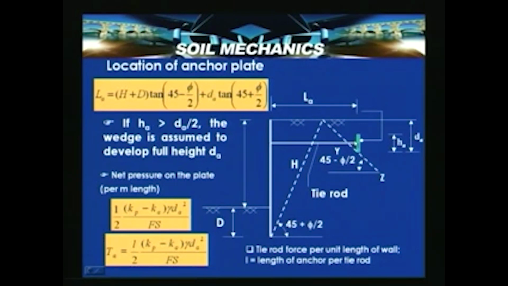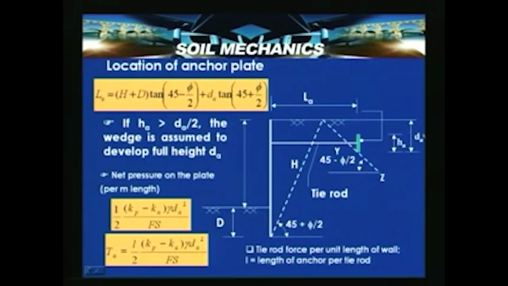So, we have to ensure that it is less than this. Suppose if it is within this point, then it will have an inadequate anchorage capacity. That means that it has to be seen that it is beyond this particular line which is shown here, that is passing through this tip and beyond the plane passing through Z.